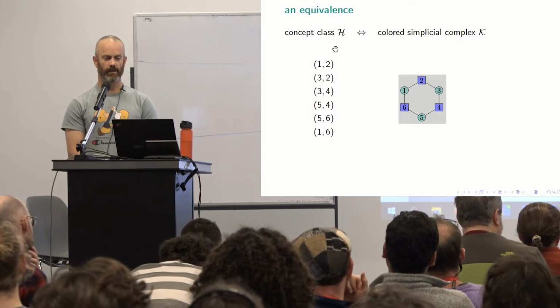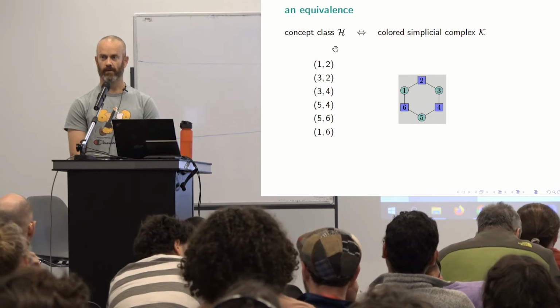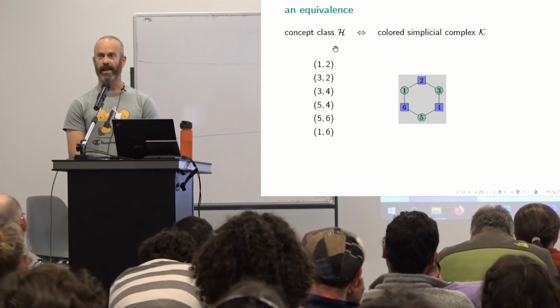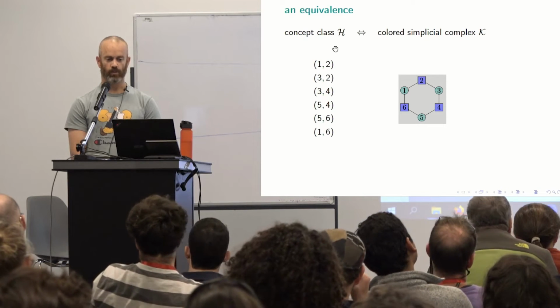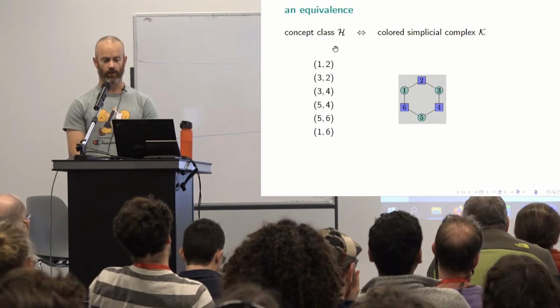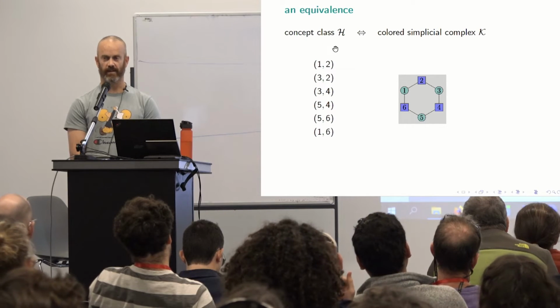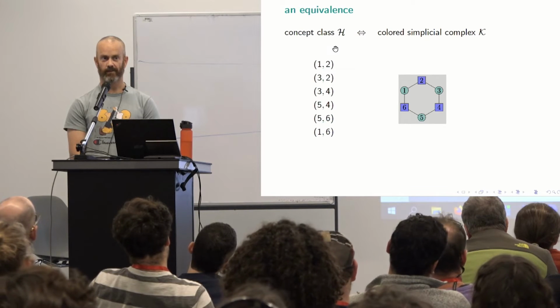So every function, 1, 2, 3, 2, 3, 4, and so forth, in H, comes with an edge of the graph. You see there is an edge 1, 2. There is an edge 2, 3. There is an edge 3, 4. The blue vertices are the second coordinate. The green vertices are the first coordinate.